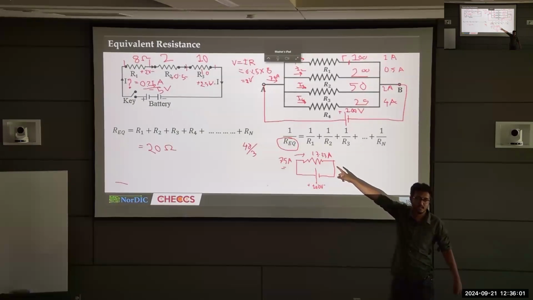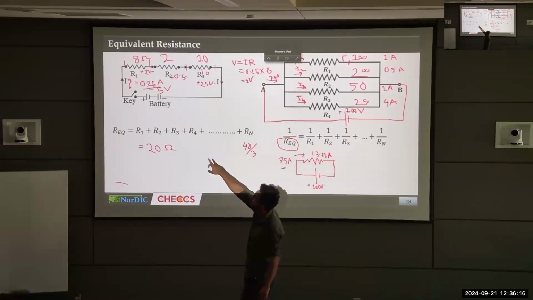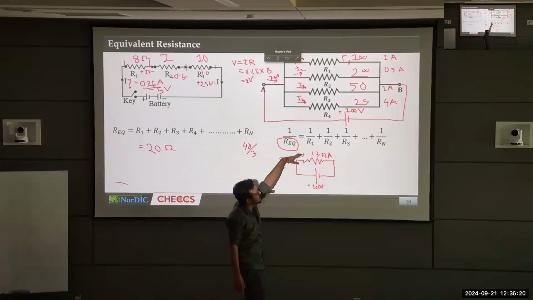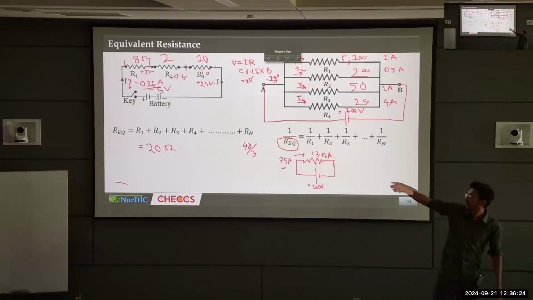I have already discussed it. Like the first one is taking 2 volts, second one is taking 0.5 volt, and third one is taking 2.5. So here voltage is divided instead of the currents. So in a series assembly, voltage division happens, and in a parallel assembly of resistances, current division happens.